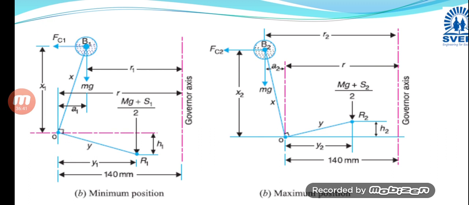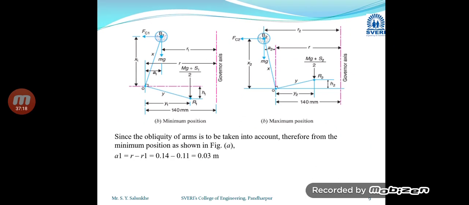Now we are interested in calculating terms like h1 and h2, and the values of x1, y1, x2, y2, from the given values. r is given, the total height or lift of the sleeve, h1 plus h2, is given, and r1 and r2 are given. From all these given values we calculate the unknown values, and later we put those values in the formulae to calculate the required data.